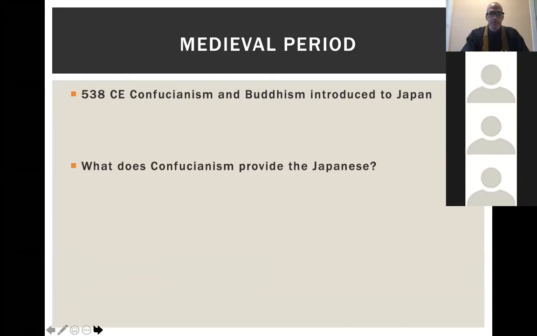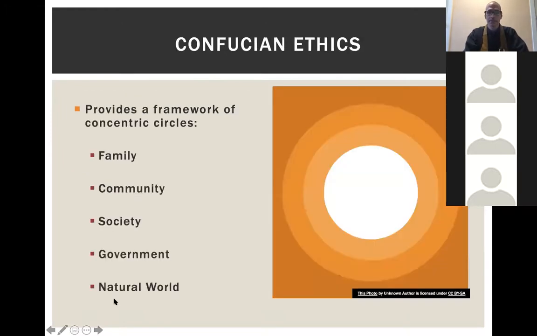That's not to say that there were no ethics. I feel it's a little misleading to say that before Confucianism entered Japanese society they were unethical. I don't think that's quite the case. But Confucianism provided a structure, a way of thinking about relationships that hadn't been there prior. So we're moving into this medieval period, 538 CE.